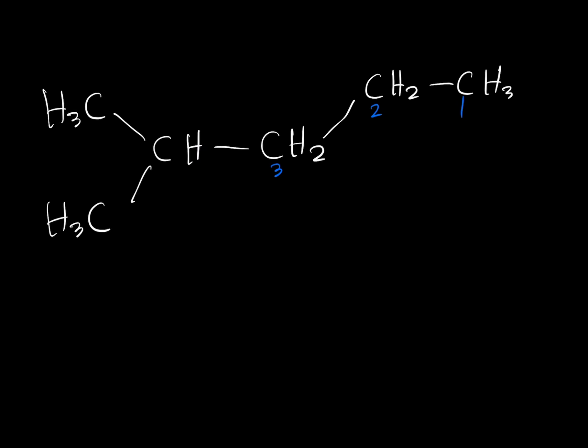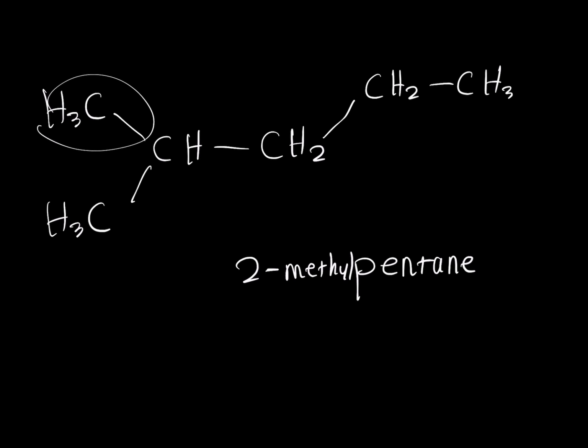So that's how we're going to count. Now we have 1, 2, 3, 4, 5. We have 5 carbons in the main chain, so that's a pentane. And then we have a 2-methyl, because we have a methyl on the second carbon.